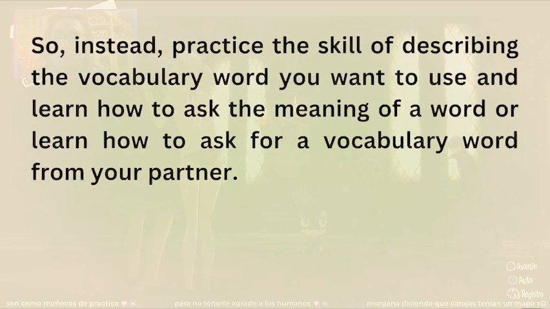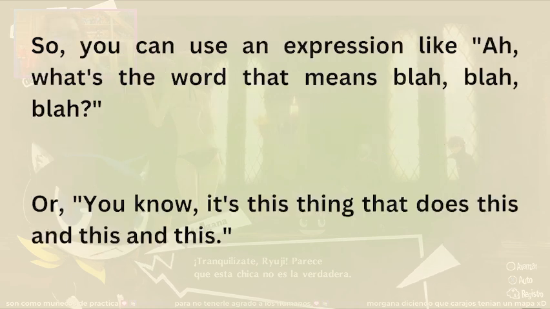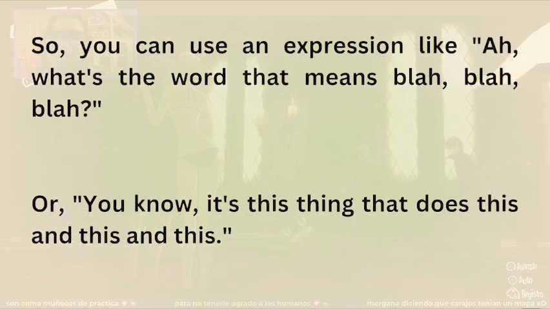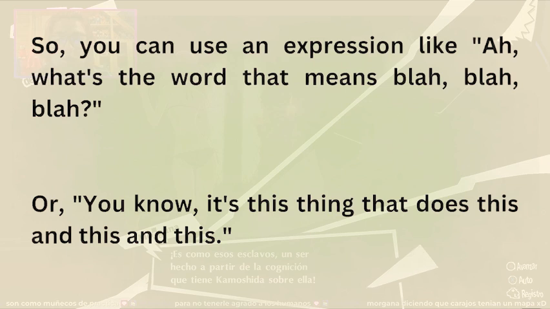So, instead, practice the skill of describing the vocabulary word you want to use, and learn how to ask the meaning of a word, or how to ask for a vocabulary word from your partner. So you can use an expression like, "What's the word that means blah blah blah?" Or, "You know, it's this thing that does this and this and this."